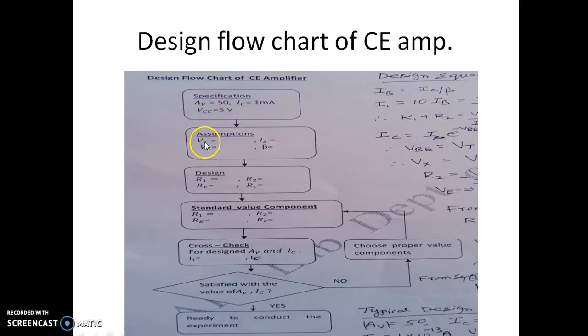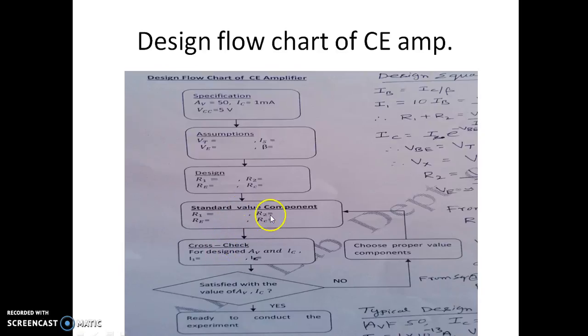We make some assumptions: VT usually 26 millivolt, IS for a given transistor around 1 into 10 power minus 13 ampere, VE is assumed to be 100 millivolt, and beta is 100. Then using equations 1 to 4, we get the values of R1, R2, RC as well as RE. If the values are not standard, you go to the nearest standard values.